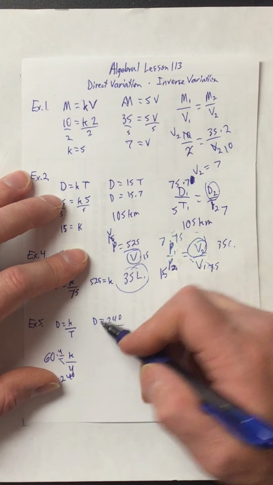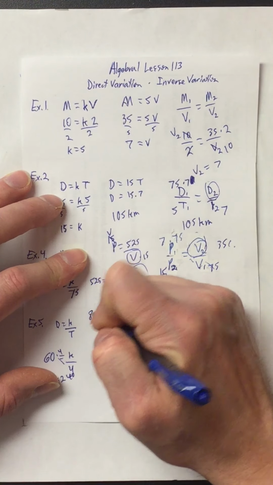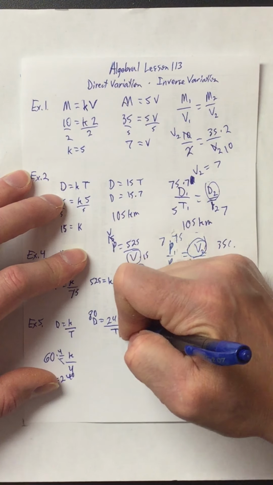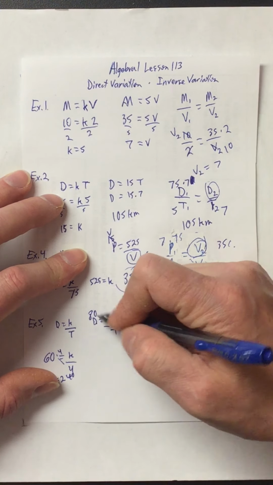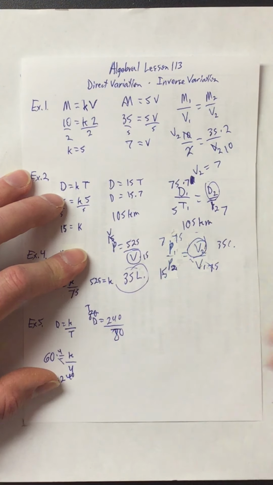Our second rate is 80 kilometers per hour, so 80 is here, and then we want to find our time. So we cross multiply. T goes up there, bring the 80 down here.